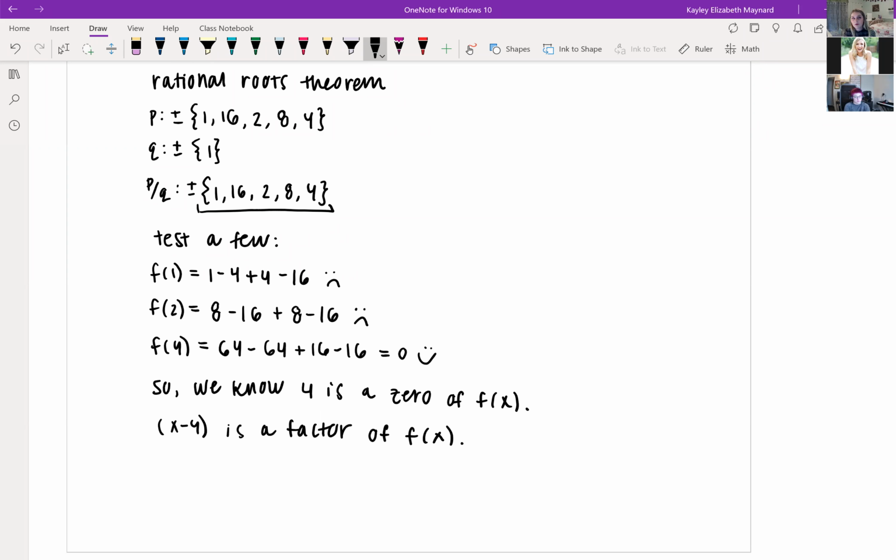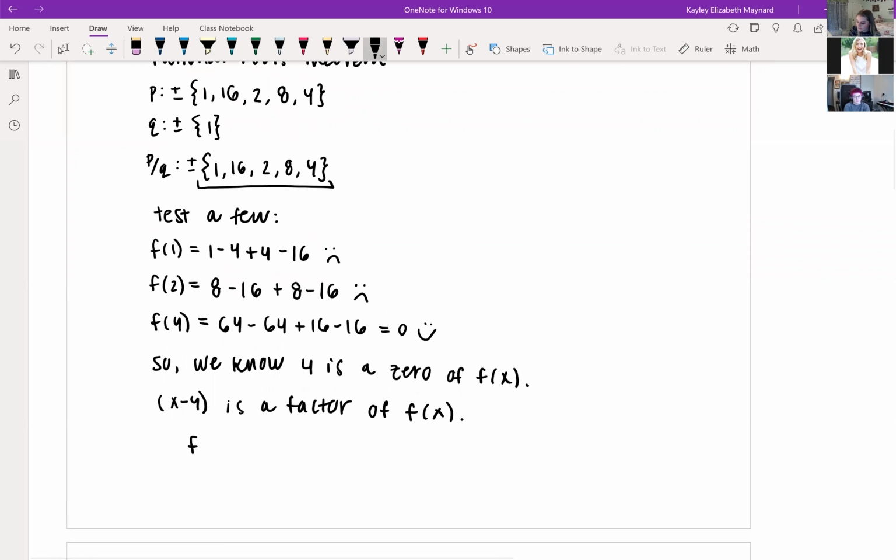So in other words, f of x can be written as x minus 4 times some other piece here. And that's the piece that we want to find, because this piece is going to give us our remaining zeros.